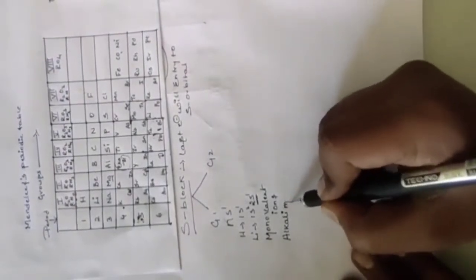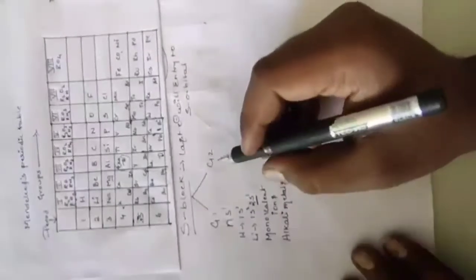They form monovalent ions, and this group is also called the alkali metals.